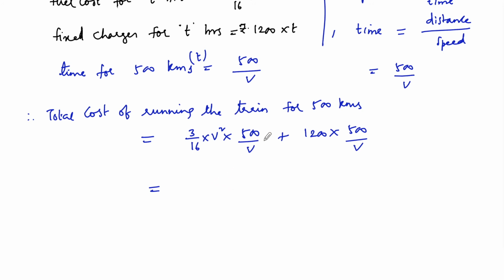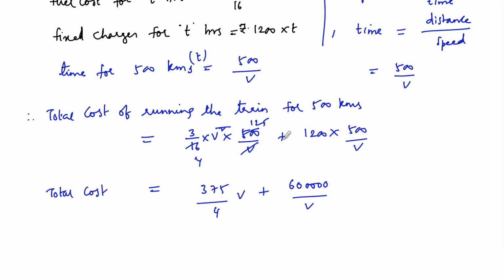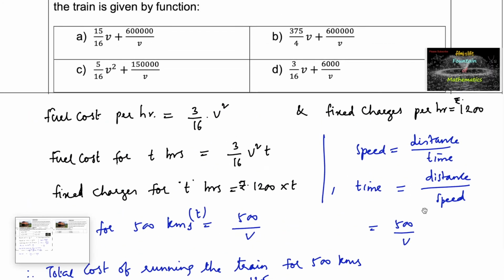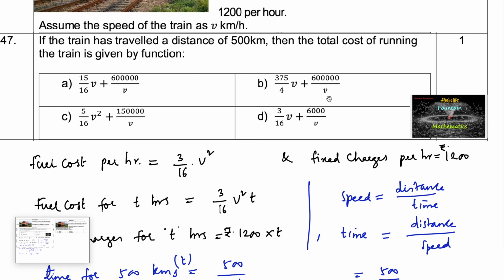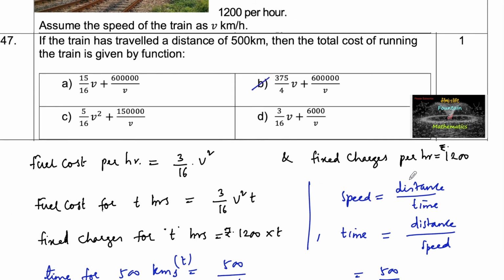On simplifying, 4 125 times, 125 3s are 375 upon 4 v, plus 12 5s are 60 and 4 zeros, so 6 lakhs upon v. So we got the total cost for running the train for 500 kilometers is 375 upon 4 v plus 6 lakhs upon v. Which is the second option. Okay, option B is the answer.